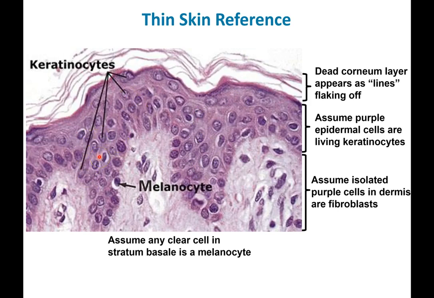We will also assume that any clear cell in the stratum basale is a melanocyte. Lastly, we will assume that the isolated purple cells in the dermis are fibroblasts.